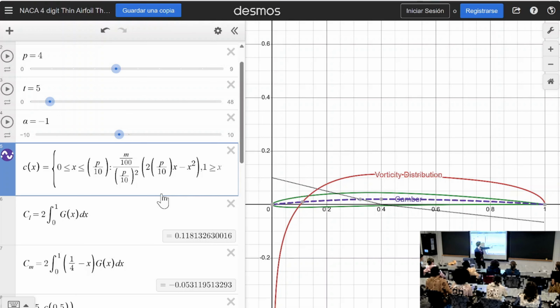And at this point, 0.4 corresponds to P. So P, the second digit, is in tenths. Where is the most camber? Like the highest point of the camber.